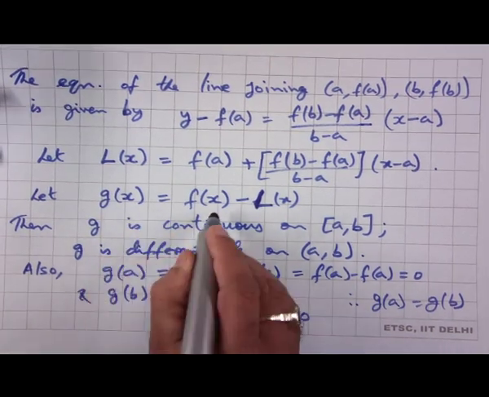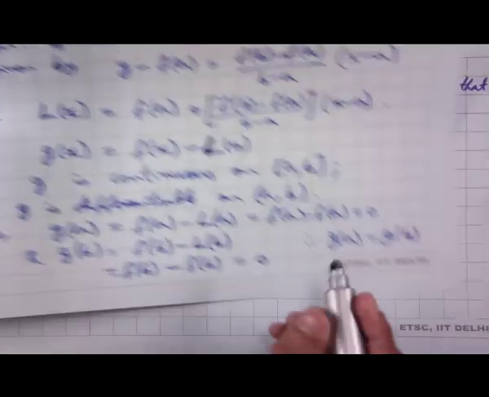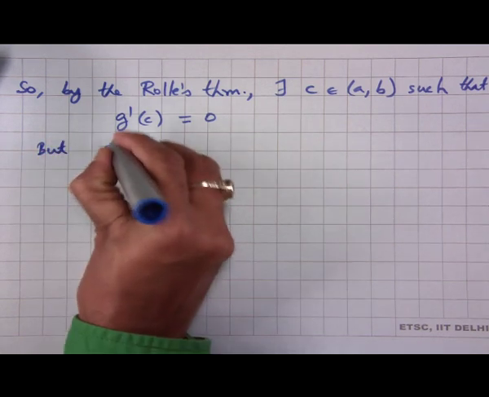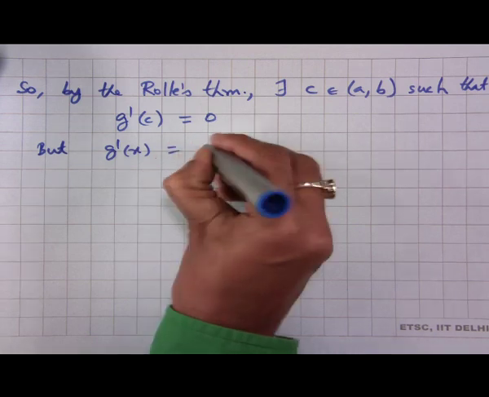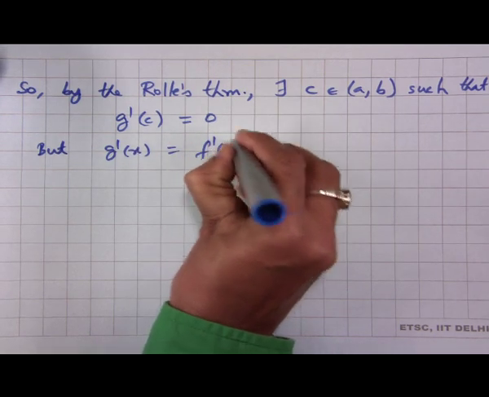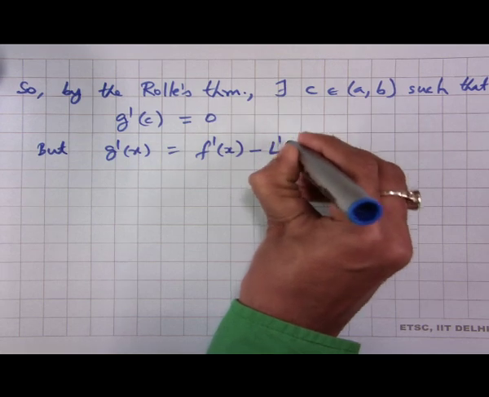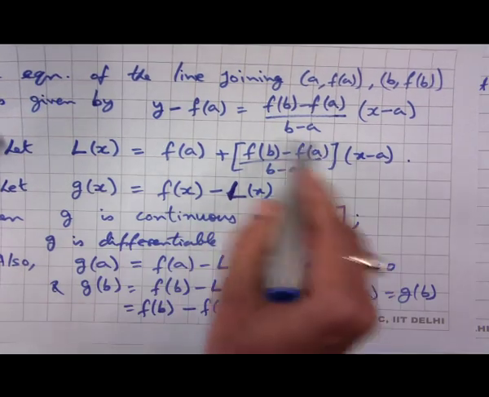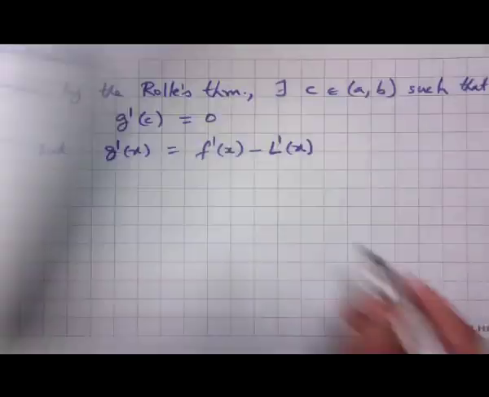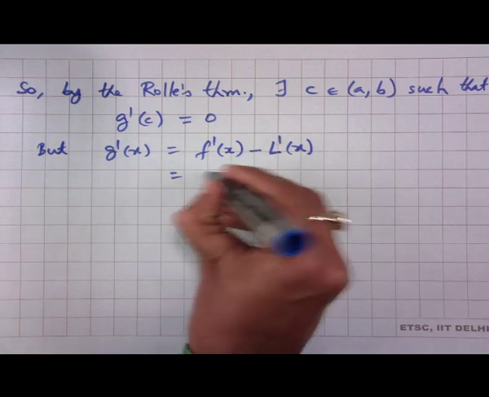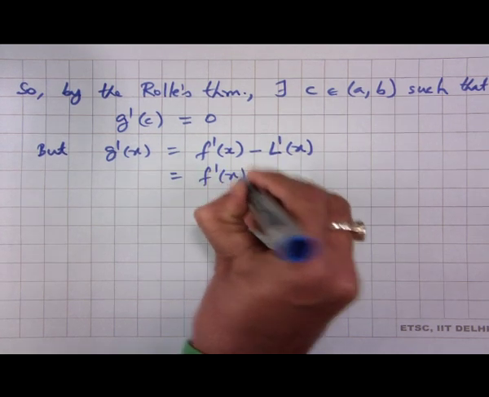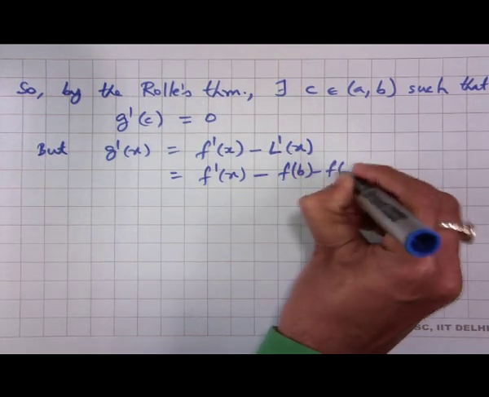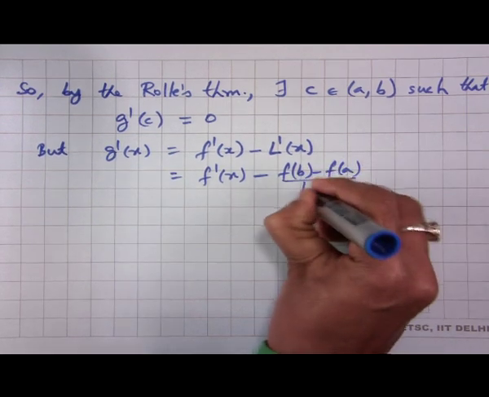But what is g of x? g of x is f of x minus L of x, so g prime of x is equal to f prime x minus L prime of x, and the derivative L prime of x is nothing but the slope of this line. So, this is equal to f prime x minus the slope, f of b minus f of a by b minus a.